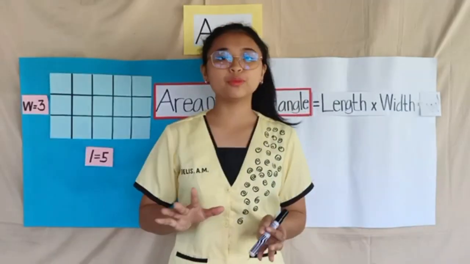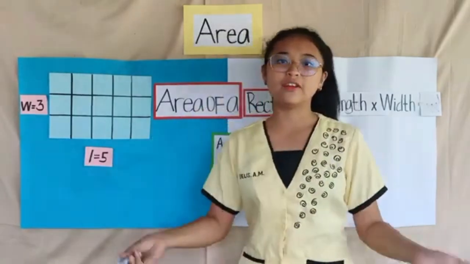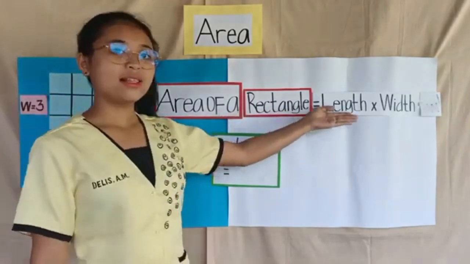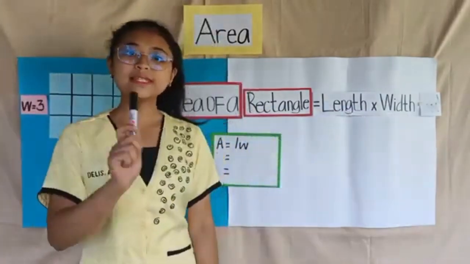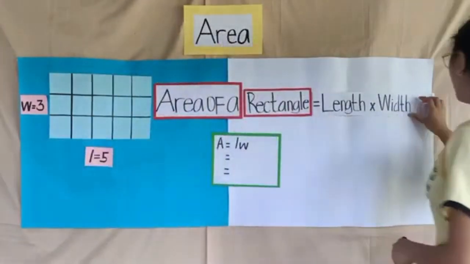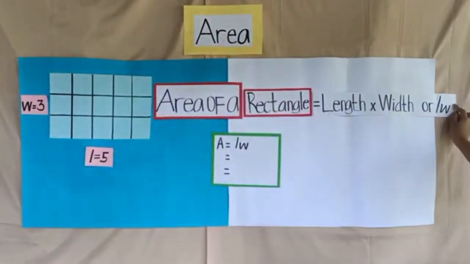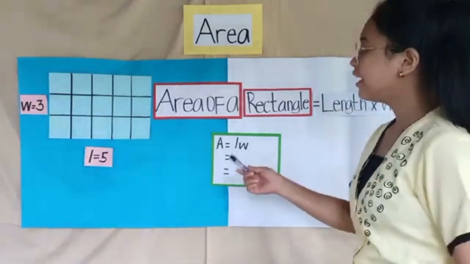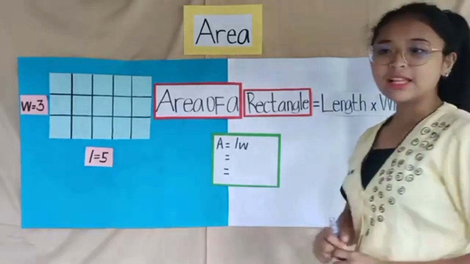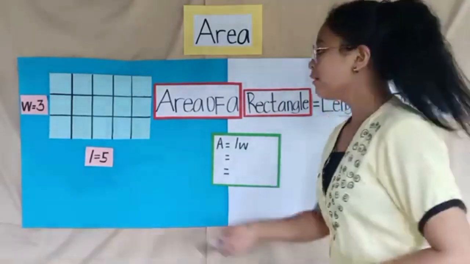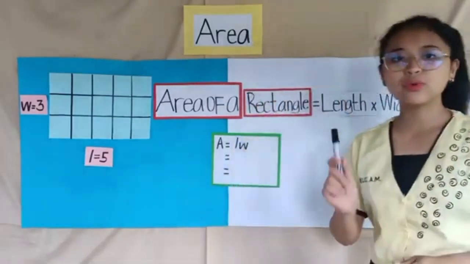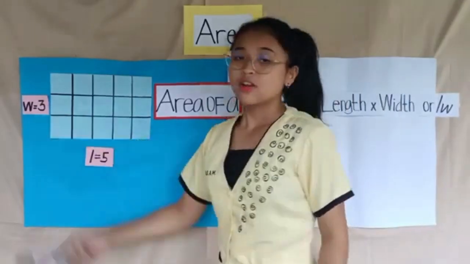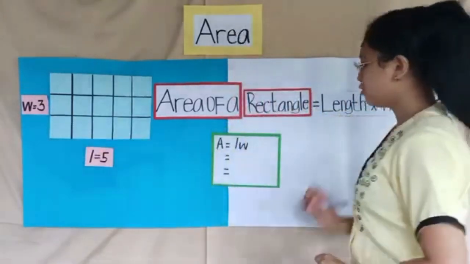In order for it to be guided, this is how we find the area of a rectangle. Area of a rectangle equals length times width, or we can simply write it as LW. Okay, so what is the length of the rectangle? Very good. The length of the rectangle is 5. How about its width? Very good. The width of the rectangle is 3. So we rewrite it as follows.